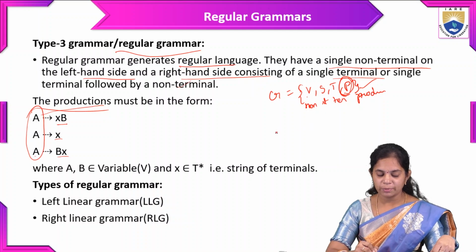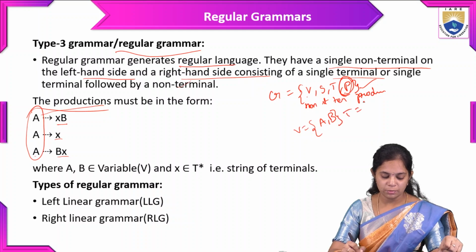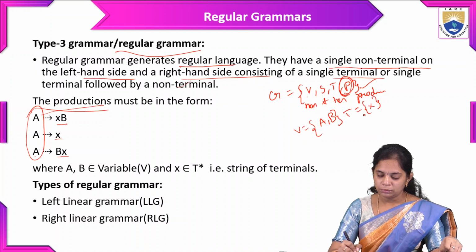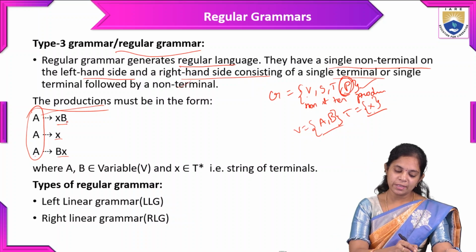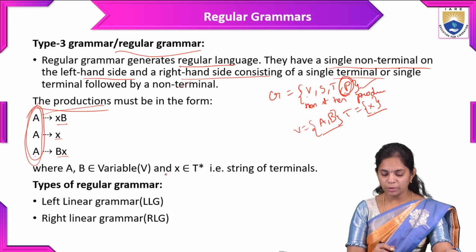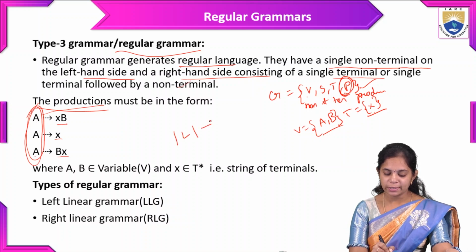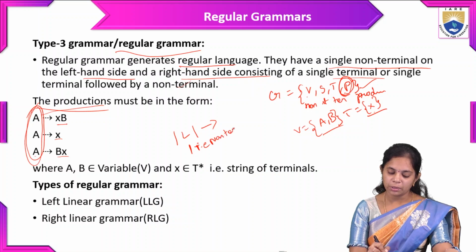Let me write this by looking at the example: V, the non-terminals, are A comma B, and the terminal is X. By looking at this, the length of the left hand side of every production is only 1, and that is also a non-terminal.